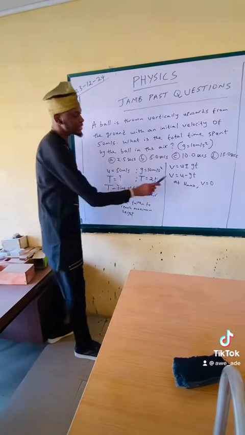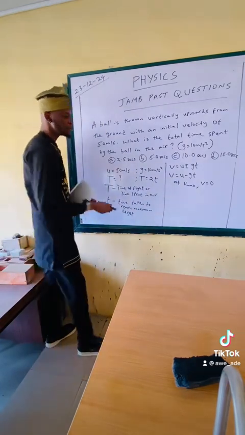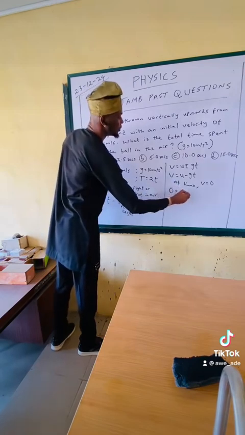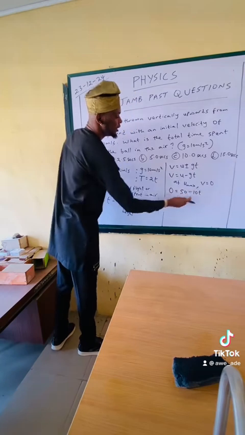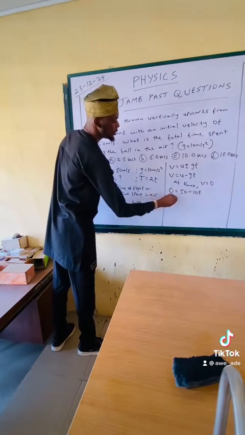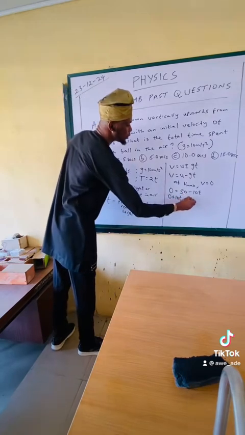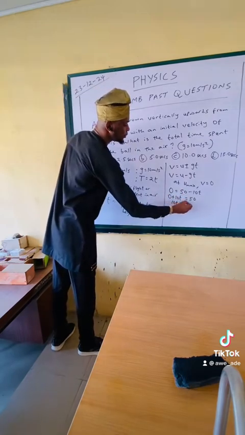At maximum height, final velocity is 0. So if we put v to be 0 here, 0 equals 50 minus 10t. If this minus 10t comes here, it becomes 0 plus 10t equals 50. And 0 plus 10t is 10t equals 50.